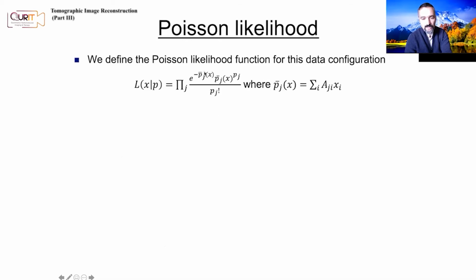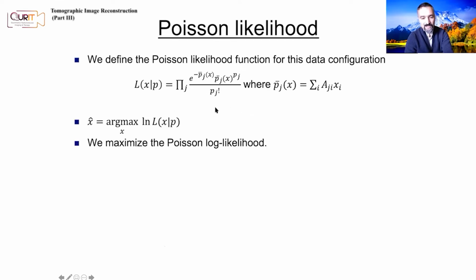So lambda is this mean value, the expected value for, let's say, a projection bin, line of response, j. And then you write this formula for each of those elements, and then you do a product of those for this line of response, and this line of response, and this line of response, and this line of response. You multiply them because they're independent Poisson processes. So this is a Poisson likelihood function, which we would like to maximize.